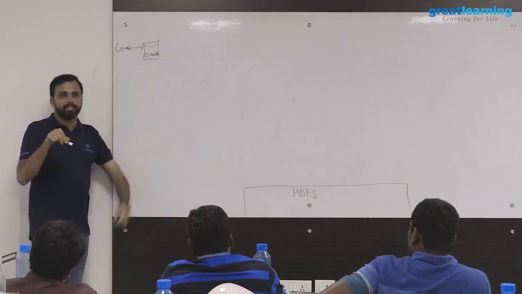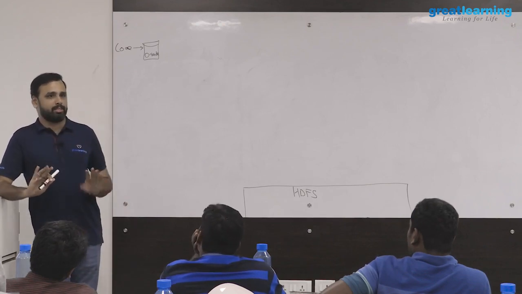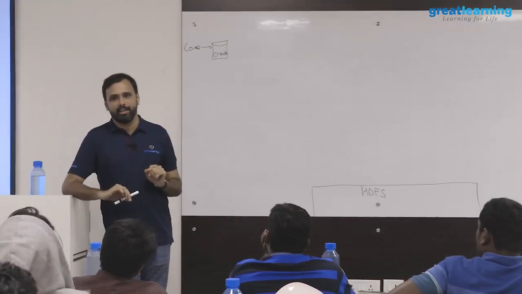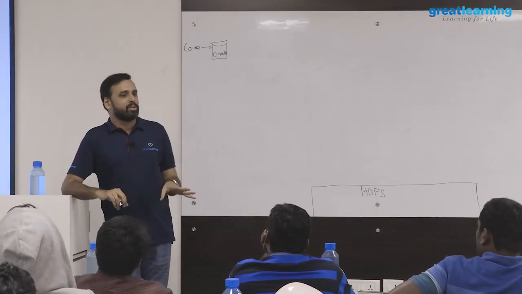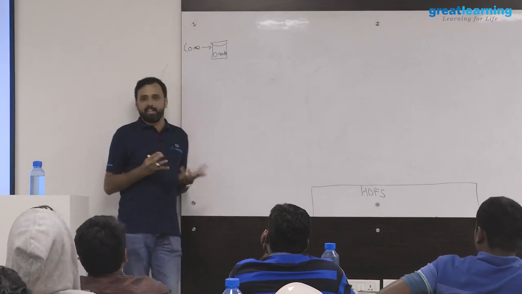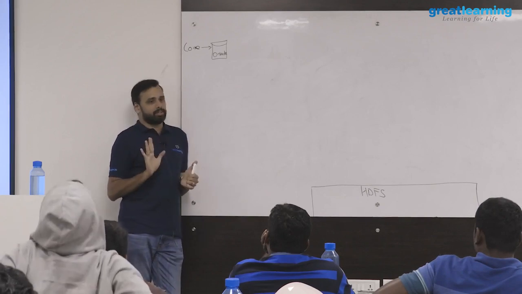Now, one thing you need to understand is that nothing on earth can replace RDBMS in another 100 years or 1,000 years, give or take. So many people have this question, okay, so now big data is there and so many other technologies are there. That means RDBMS is losing its significance. No, absolutely not.